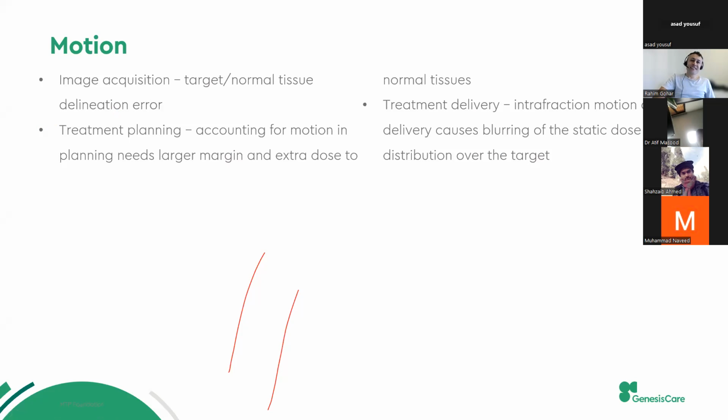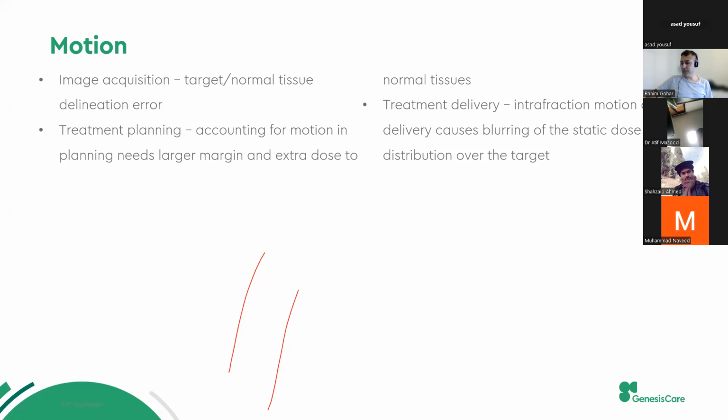All right. So definitely the tumor delineation is the first thing. If your images have been taken and you don't know which phase you have taken, your contouring will be wrong. Then ultimately your treatment planning will be on that delineation and the deliveries will be wrong. So everything is wrong.